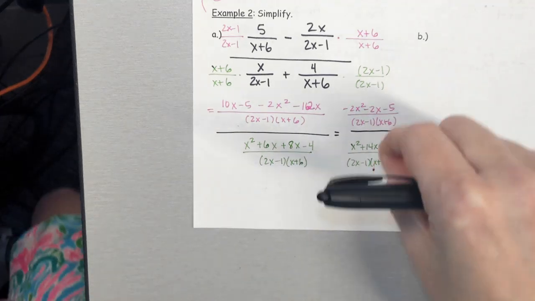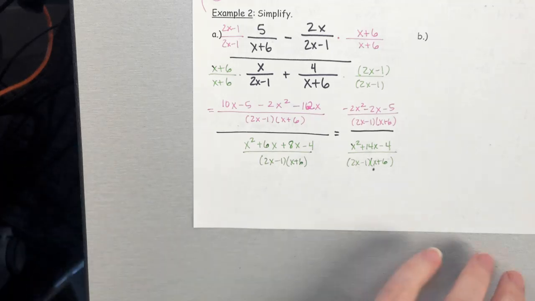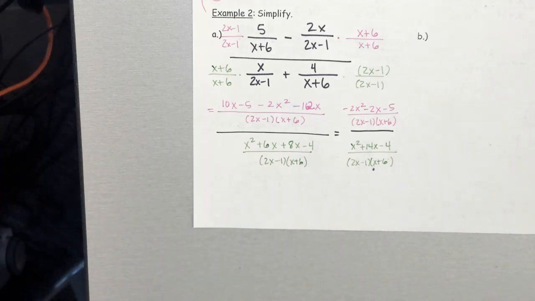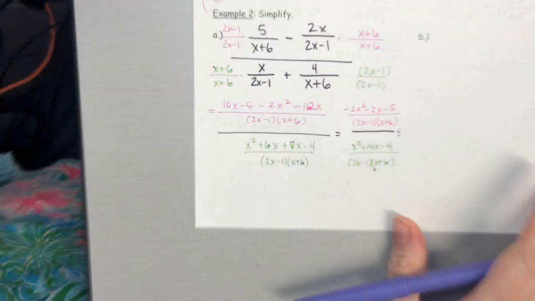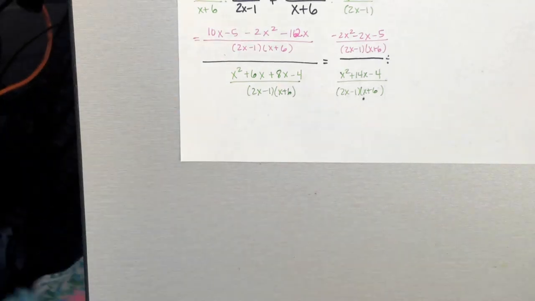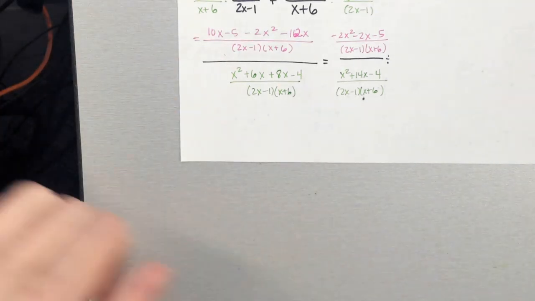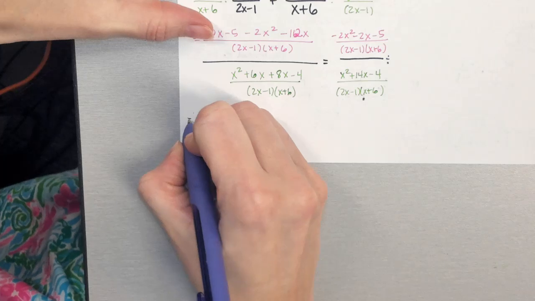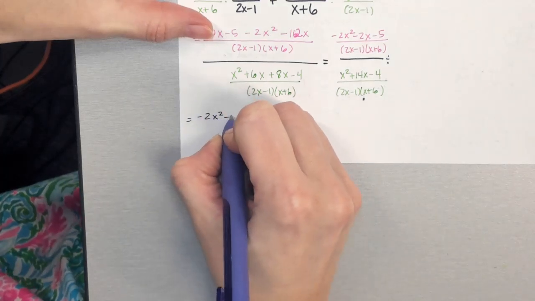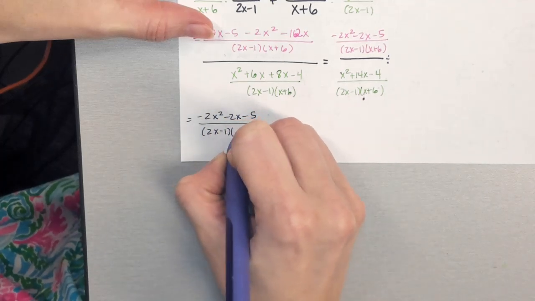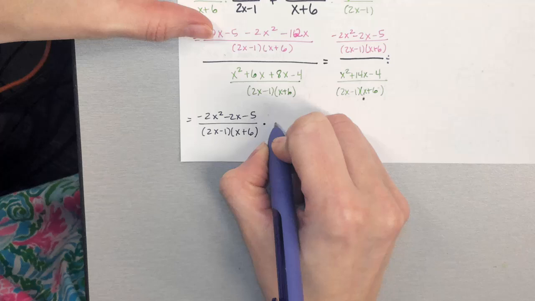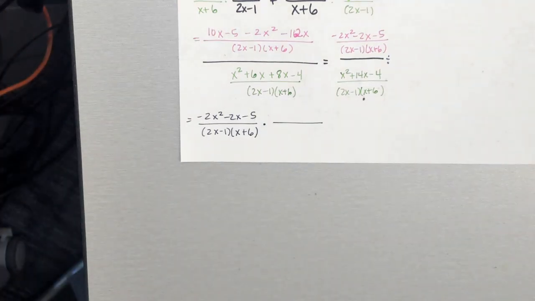And then once you have those simplified, now we can do the keep, change, flip with the division. Okay. So in my next step, I have negative 2x squared minus 2x minus 5 over 2x minus 1 times x plus 6. And now I'm just going to multiply by the reciprocal.